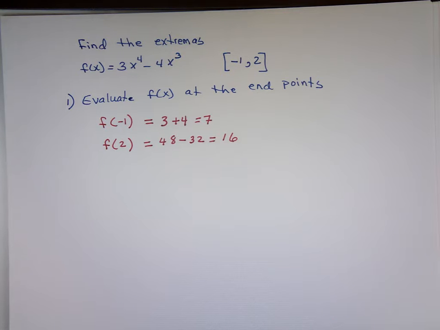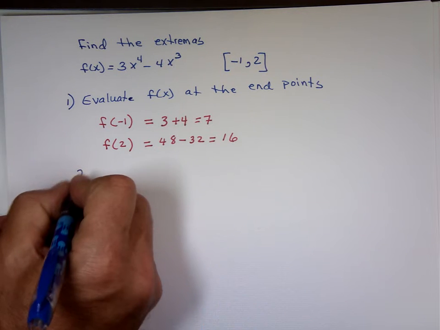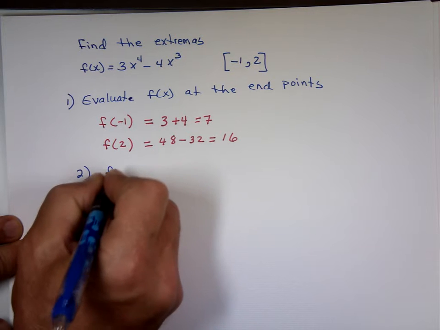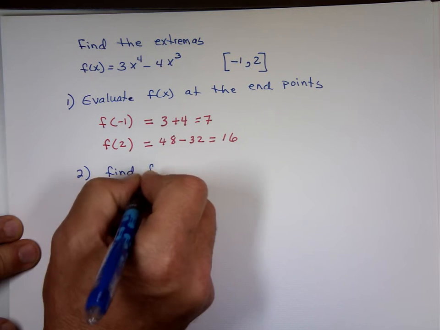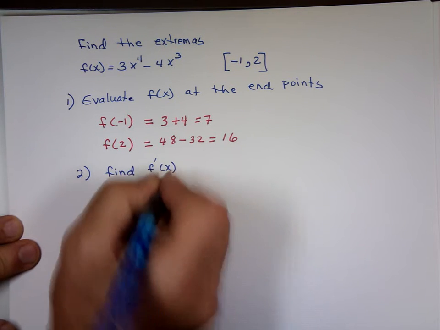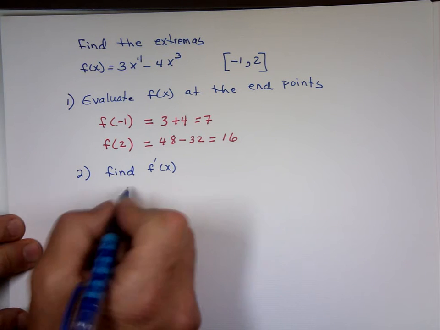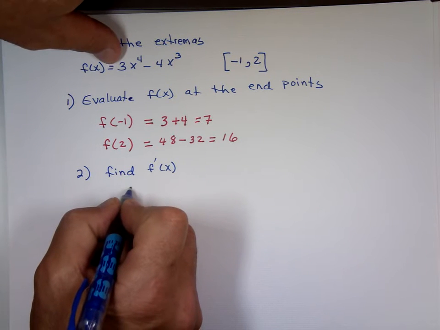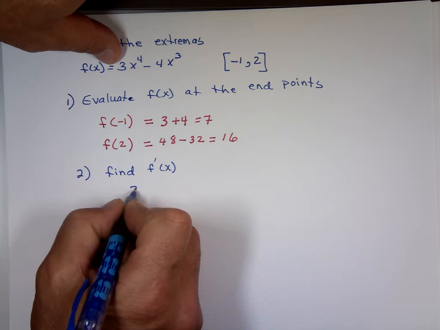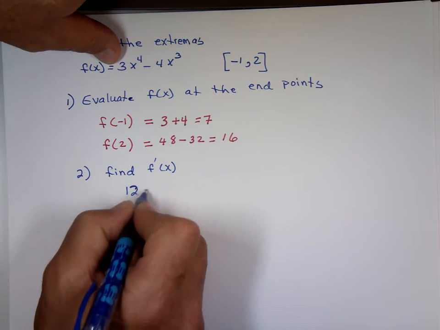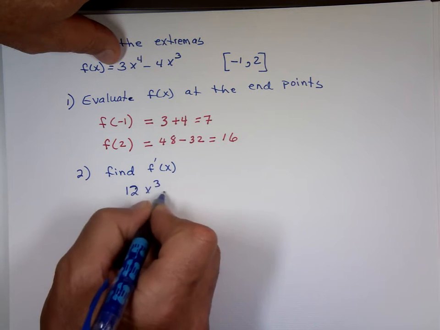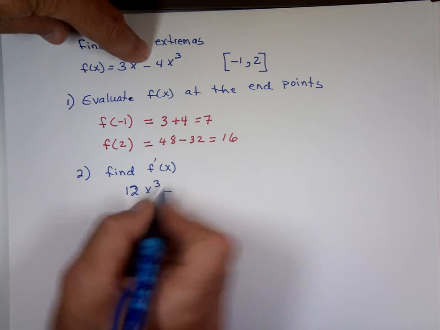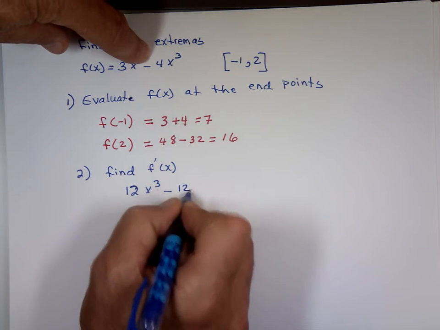Next, find the derivative. What's the derivative of this? 3 times 4, 12x cubed minus what? Is it 12x squared?